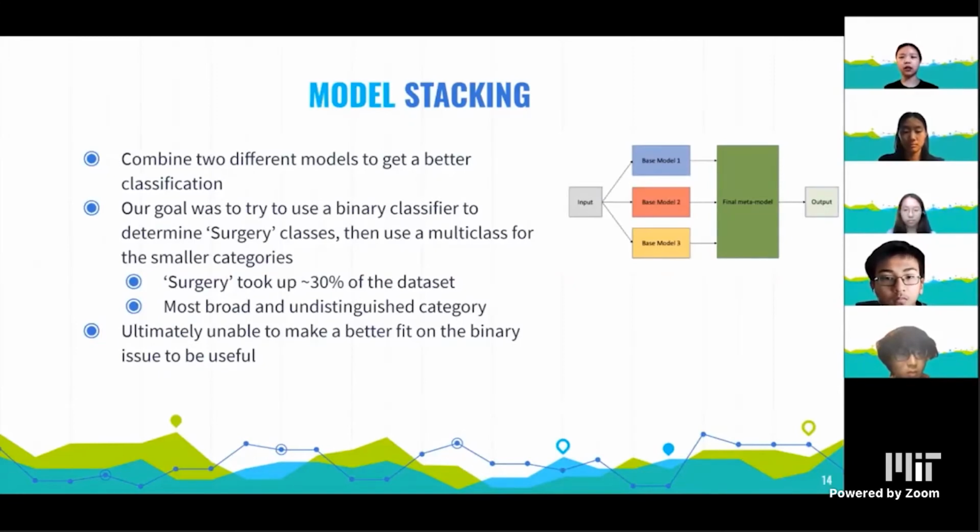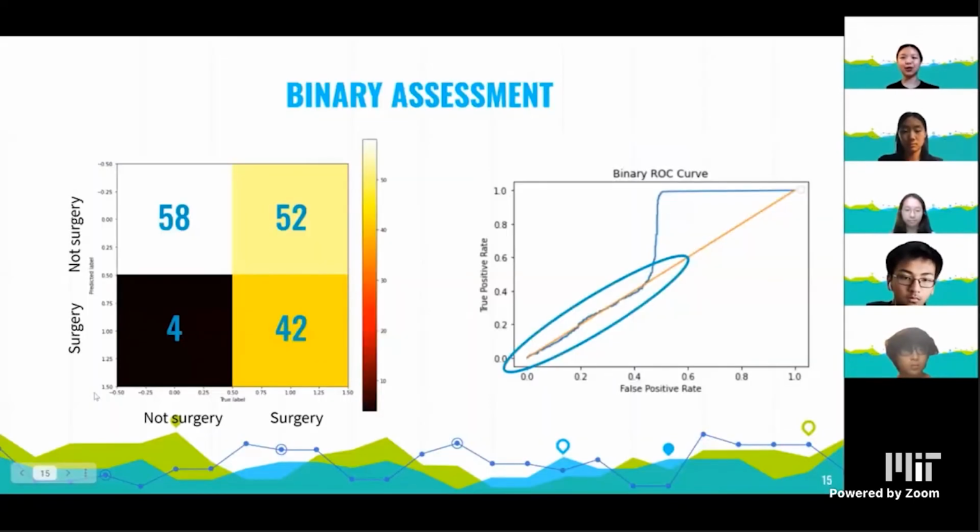This is because surgery was the class that was being misidentified the most, and also it took up about 30% of our data set. So we thought this might be helpful. Unfortunately, through rounds of testing, we found that this actually wasn't a very good way of trying to improve our model and didn't really come up with any results, as you can see with these two diagrams.